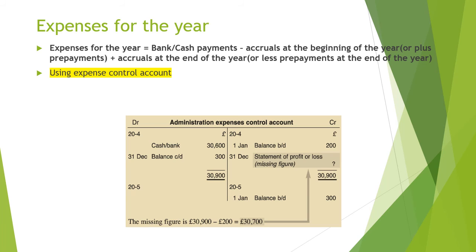Then during the year we have paid £30,600 in administration expenses. When we balance it, we get a larger figure on the debit side, which is £30,900. On the other side we have only £200. So the missing figure, which will go to the statement of profit or loss, can be calculated simply: £30,900 minus £200 is equal to £30,700.